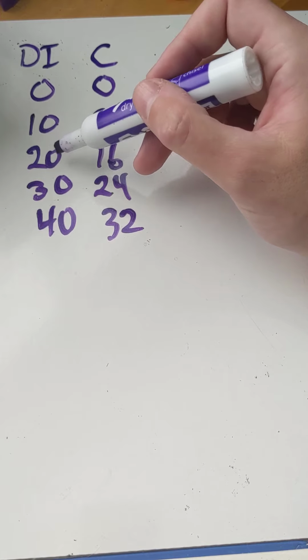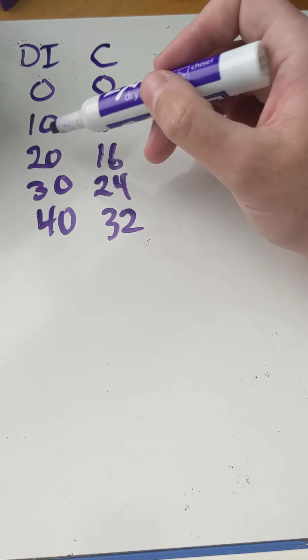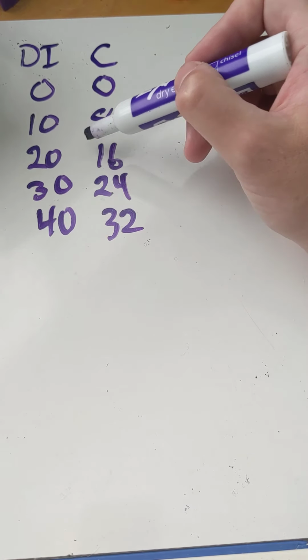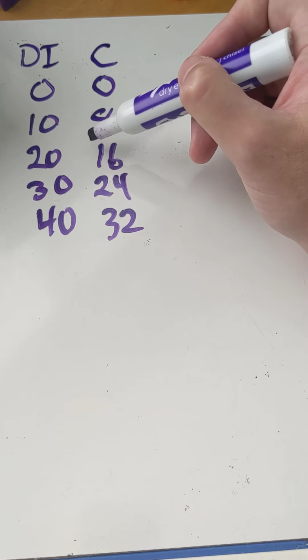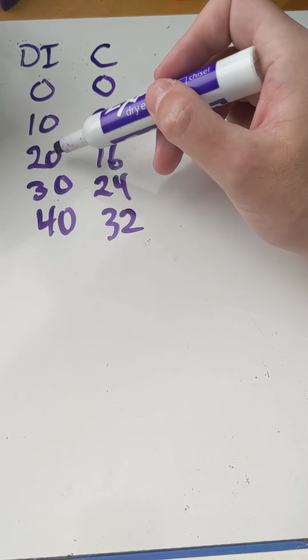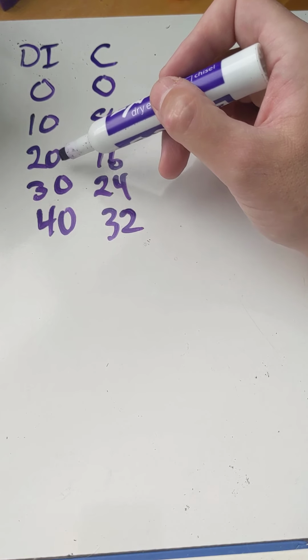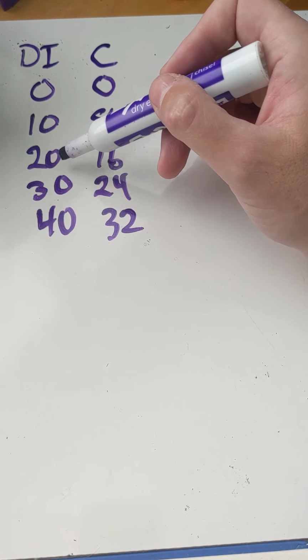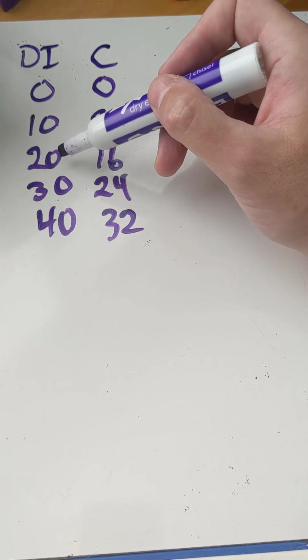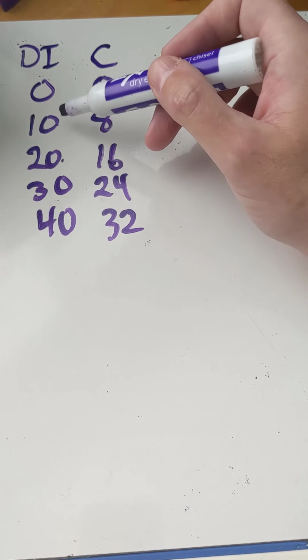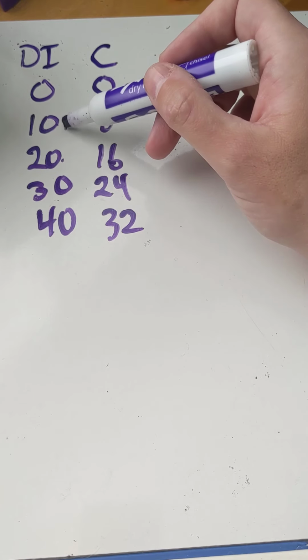So say we're at this 20 and 16 spot, we realize we have $4 leftover worth of goods. The next year, or the next chance we get, we're actually going to reduce the amount we produce because we didn't sell it all. So we're going to reduce the amount we produce down to, let's say, 10, right?